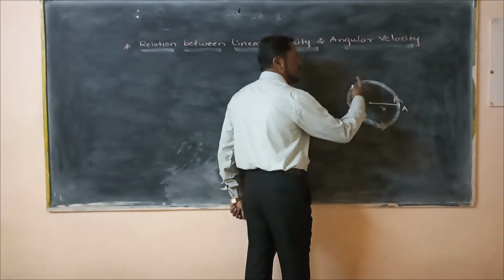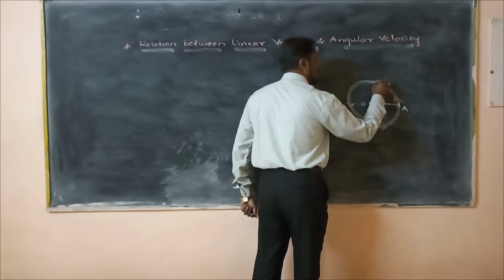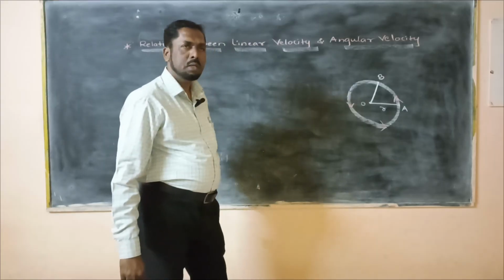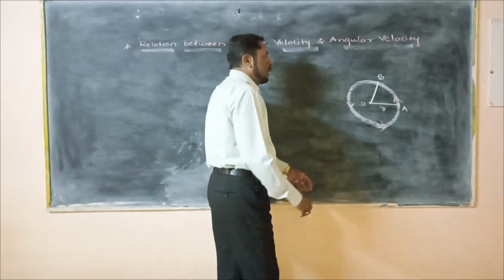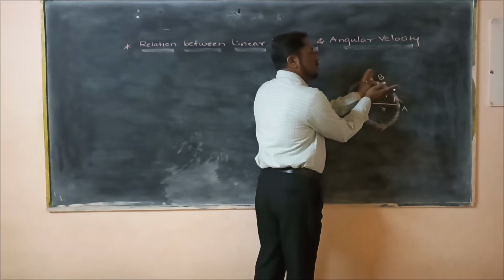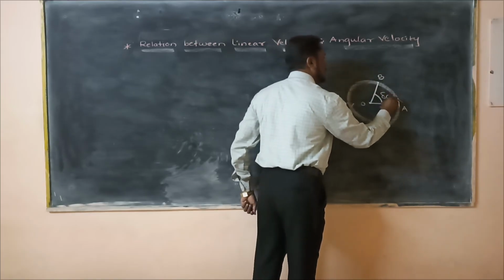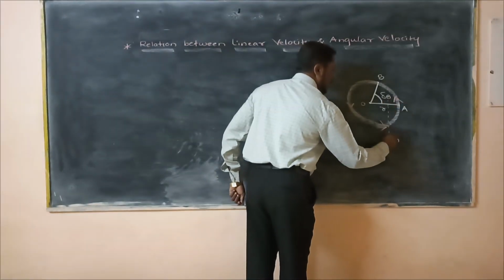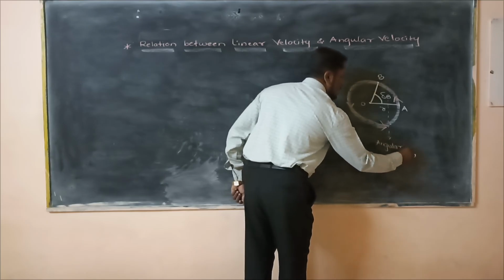After a certain time it reaches another point named B. When A reaches B, it makes a certain angle theta, which is called angular displacement.